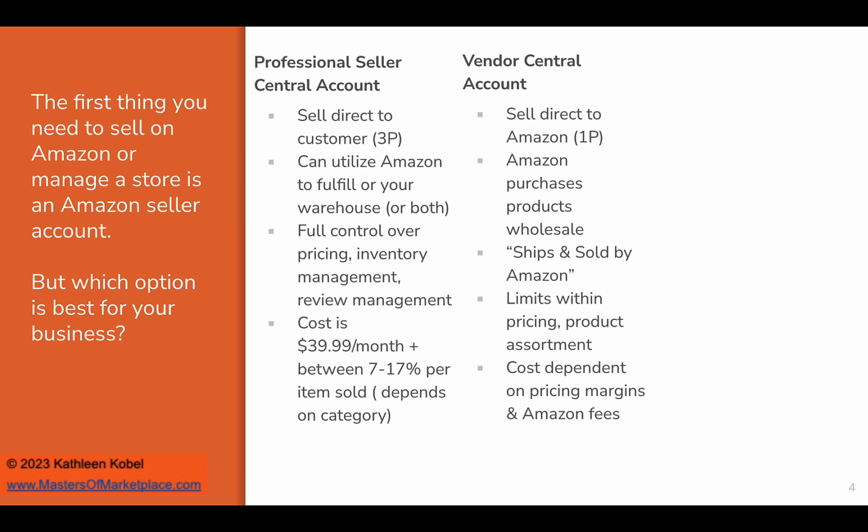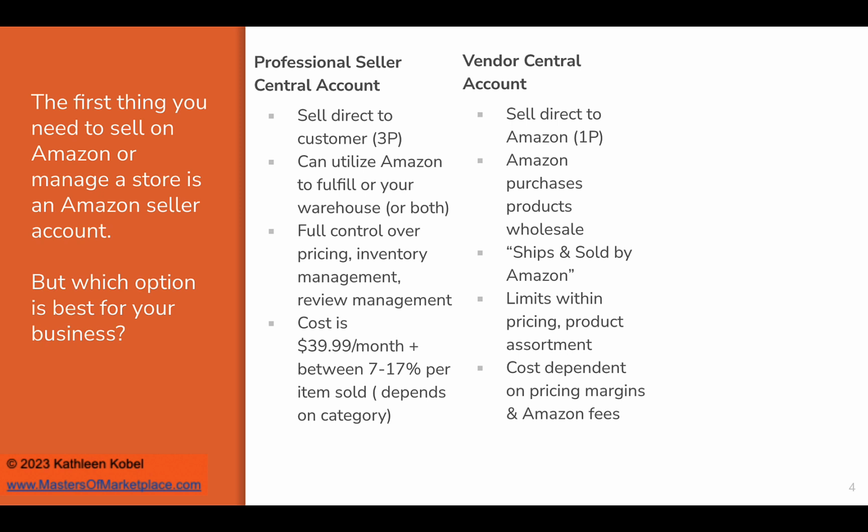So if pricing is really important to you and you're selling across multiple big box retailers or multiple marketplaces, pricing is so critical to make sure that you get it right and that it's consistent. Because if you're selling for less than what Amazon's selling for, they're just going to drop their price. And so that's one of the biggest limitations within the Vendor Central, the first party account.